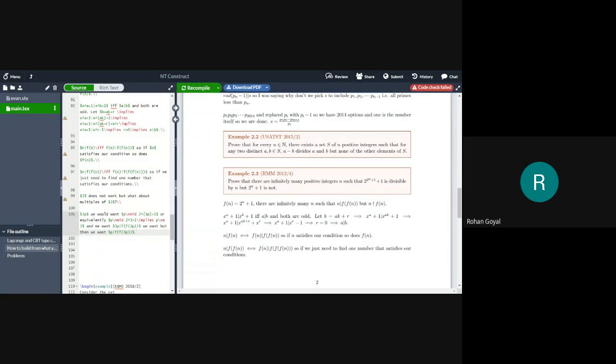Okay, so now we can finish. Observe that f of 3 divides f of 3p, and thus f of 3 divides f of f of 3.